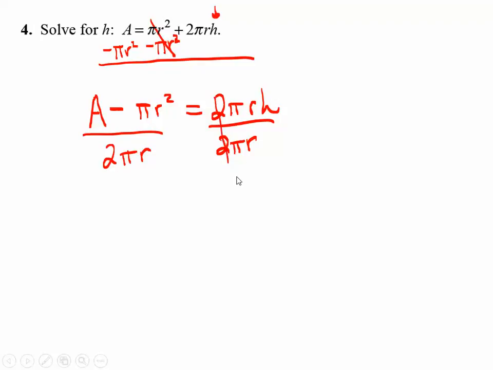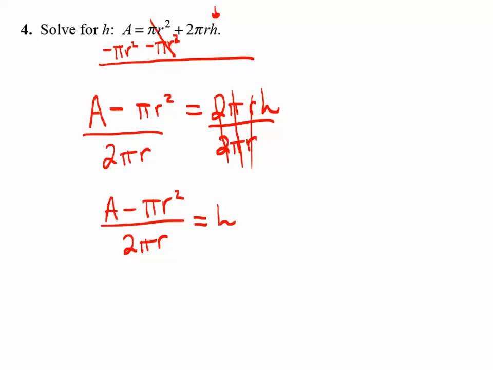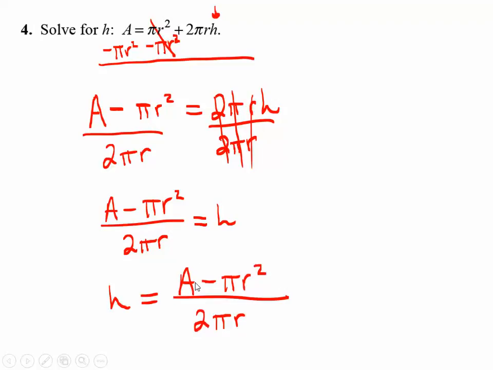Alright, again, the 2's gone, the pi's gone, the r's gone, so therefore I'm left with that right there. Notice the h is now all by itself on that one side. Okay, the only other thing that we do here is we don't like it to look like this. We don't like the formula on this side and the variable on this side. We like it to look the other way.